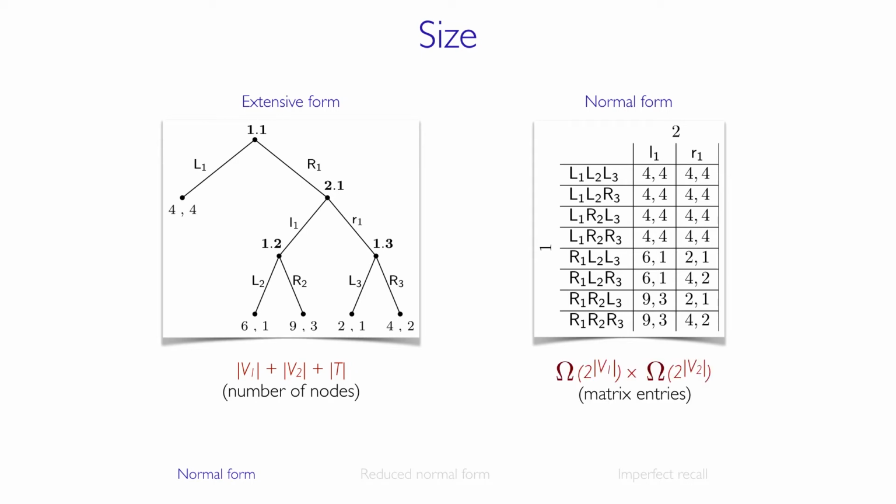Instead, the size of the normal form is the number of cells of the table, that is, asymptotically, exponential in the number of the decision nodes of the players. This means that the normal form is, in the worst case, exponentially large in the size of the game tree.